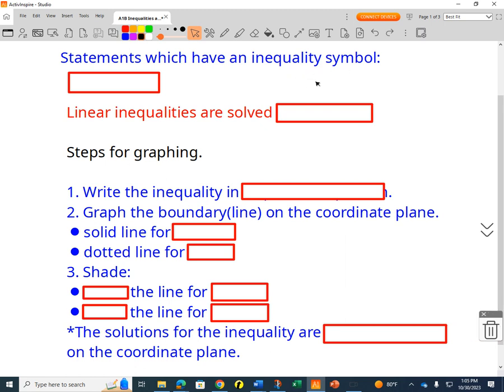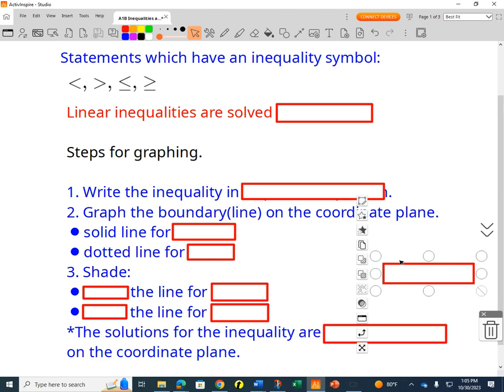Remember, the ones that point to the left have less in them. So this is less than, greater than, less than or equal to, greater than or equal to.